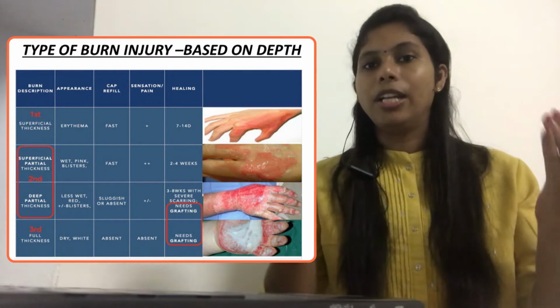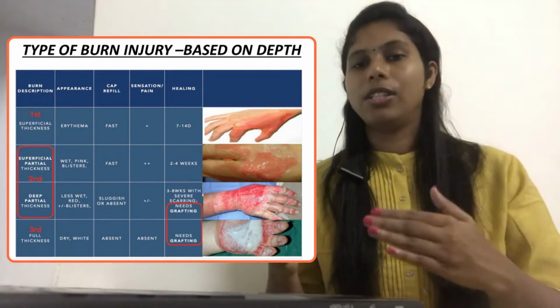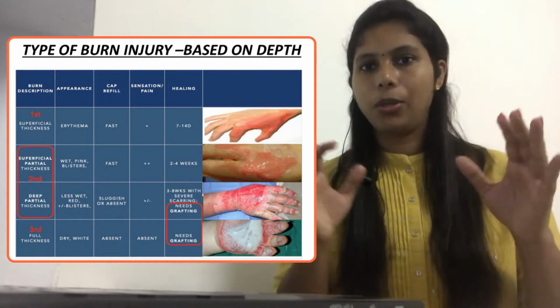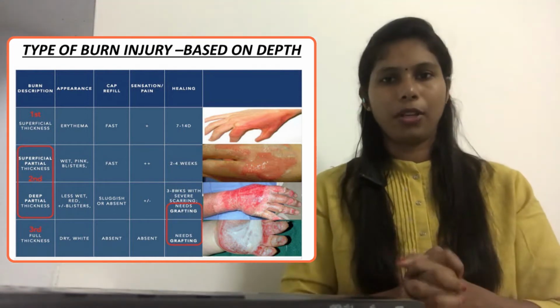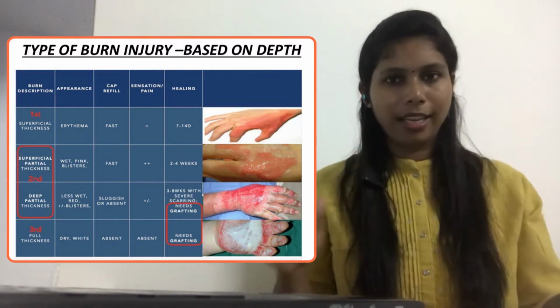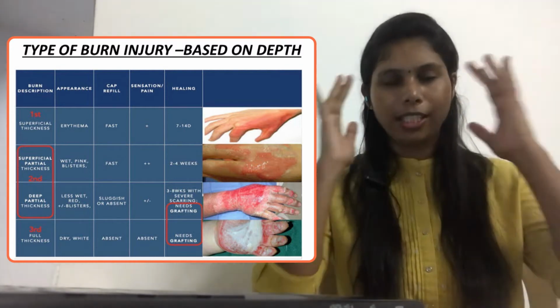Example, sunburn. It usually takes 7 to 10 days or 7 to 14 days to heal. Now the first degree or superficial thickness burn is clear. Just keep it in mind with the picture.